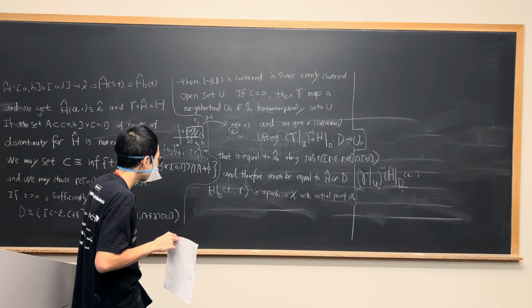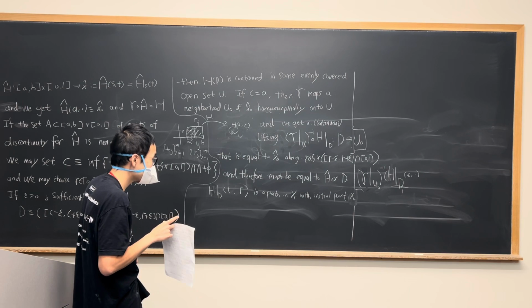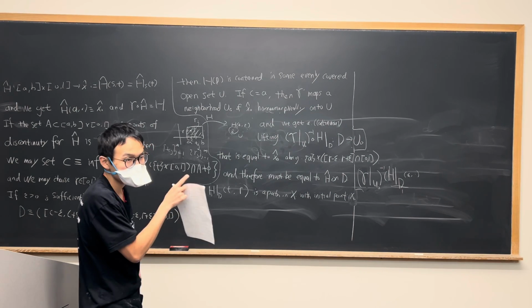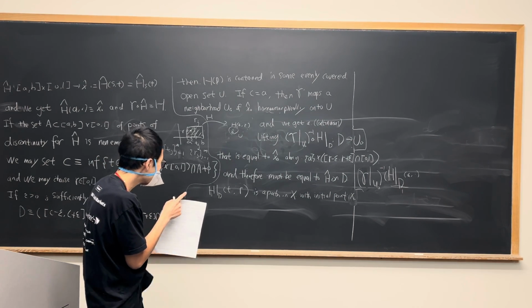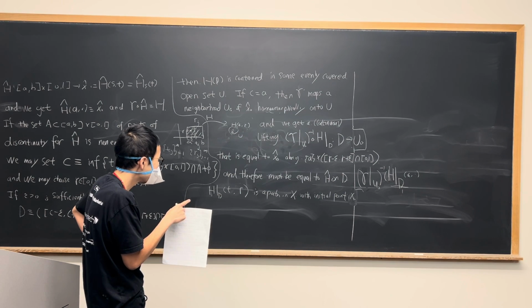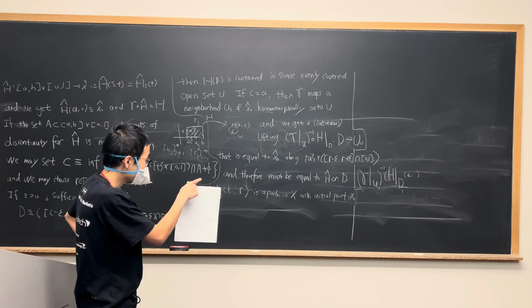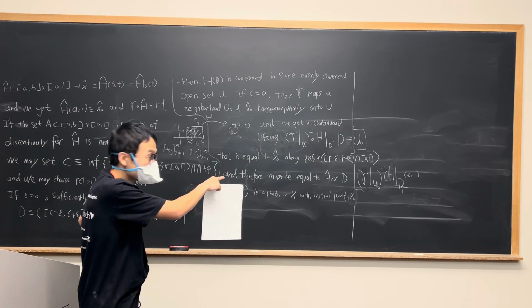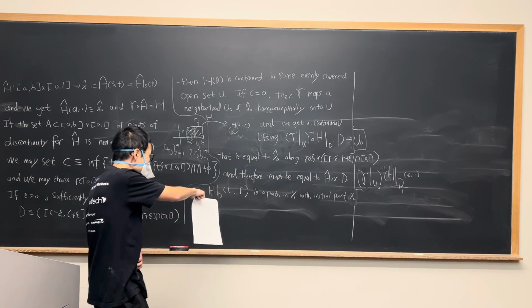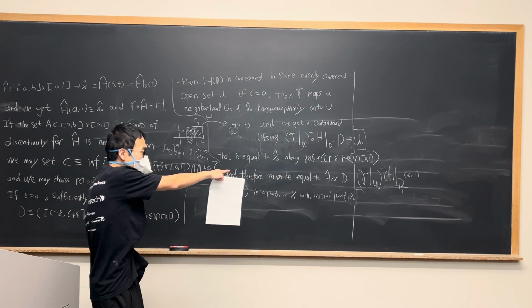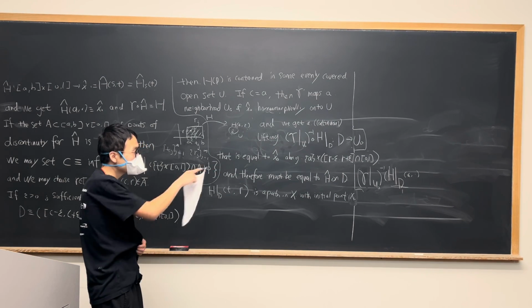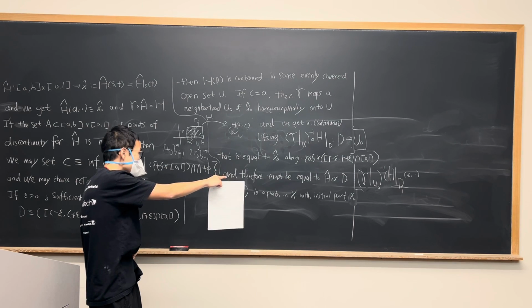So therefore, we know that there is a unique lift. Because we know there's a unique lift, h hat is a lift, right? So therefore, this must agree with this h naught on this D, because we showed last time.